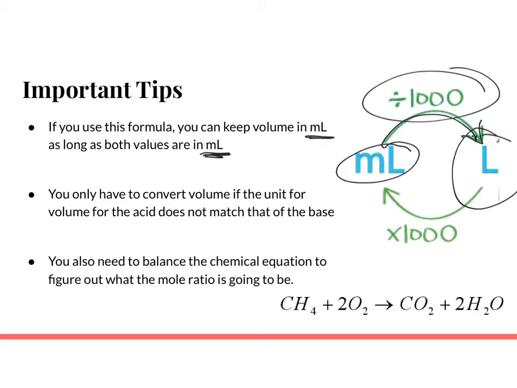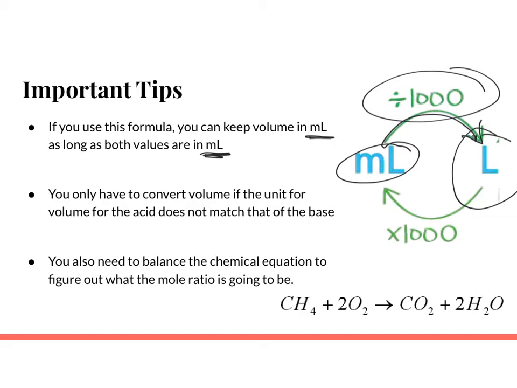The other thing that's cool is you only have to convert volume if the unit for volume for the acid does not match that of the base. So let's say for one you have something in liters, and in the other you have it in milliliters. You'd have to convert one of those. But pretty much on every problem you guys are going to be working with, they're already going to be in the same format. So they're either both going to be in liters or both in milliliters.